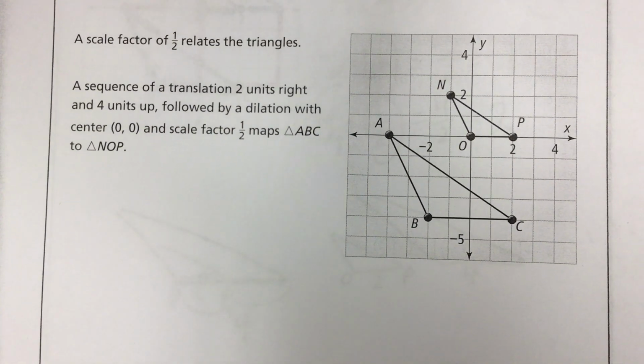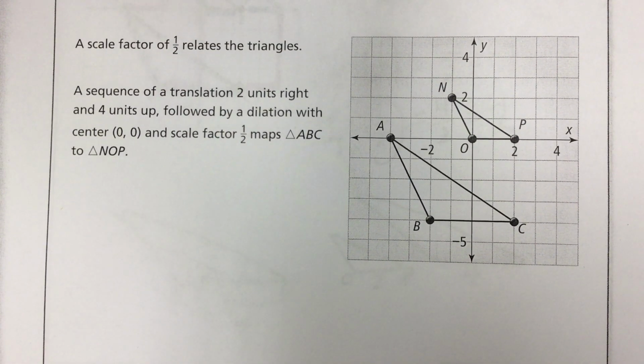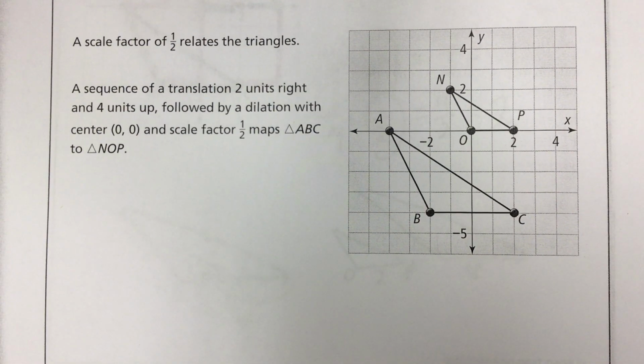So, let's read about here. Yes, we have a scale factor of a half that relates the triangles. A sequence of a translation of 2 units to the right and 4 up, followed by a dilation, center 0, 0, scale 1/2, maps triangle ABC to triangle NOP.